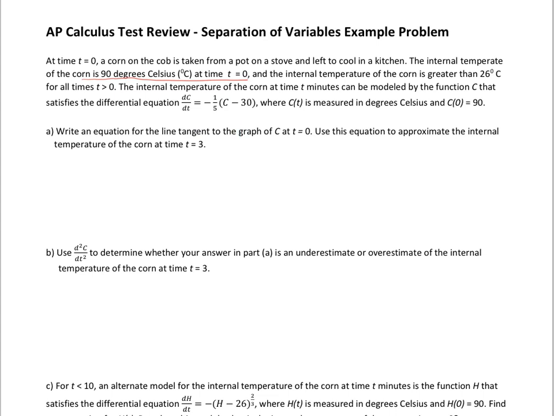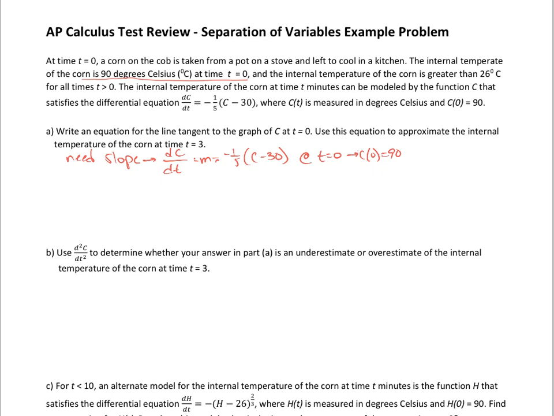So we need a slope, and we have dc/dt as being our slope, which is negative 1/5 times (c minus 30). At t equals 0, we are also told that the temperature is 90 degrees, so that tells us that c of 0 is 90.